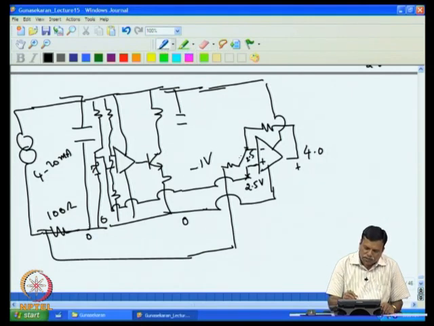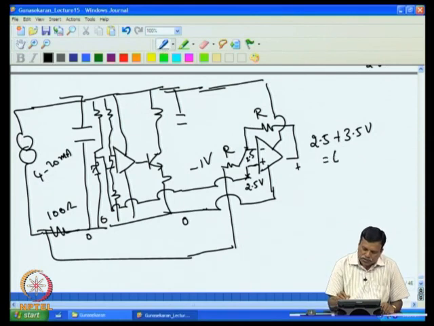Then the difference is 3.5 volt. So we have to have 3.5 volt across this. That will give 2.5 plus 3.5. So the output voltage will be 2.5 plus 3.5 volt, assuming this resistance and this resistance are equal. Then you have 3.5 volt difference across this. So the output will stay at 6 volt. This is for minus 1 volt input.